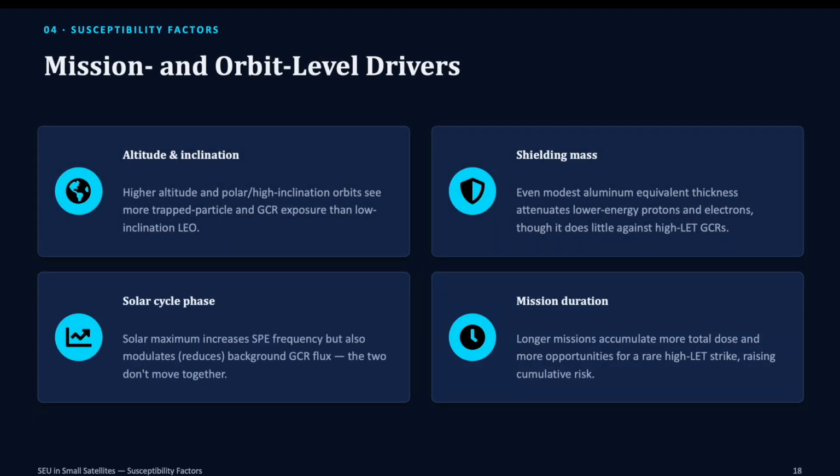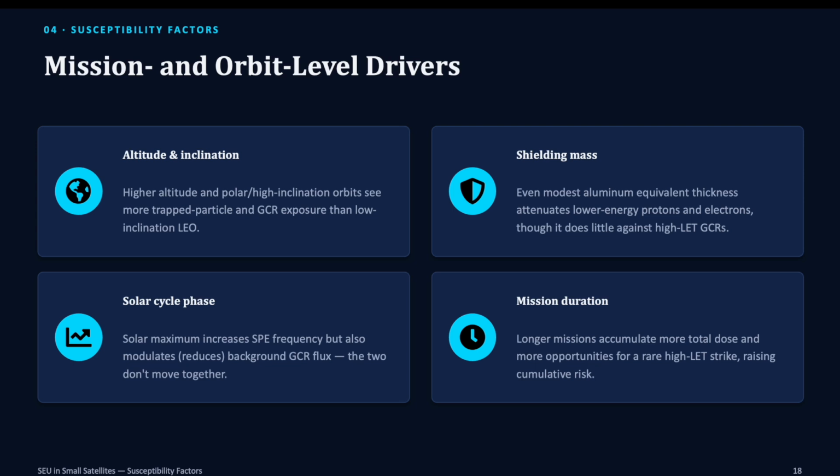So susceptibility is not just about the chip itself. Orbit, shielding, and solar cycle, and also mission duration all scale the real-world upset rates. In terms of altitude and inclination, high altitude and polar orbits see more trapped particles and galactic cosmic ray exposure than lower inclination, low Earth orbits.